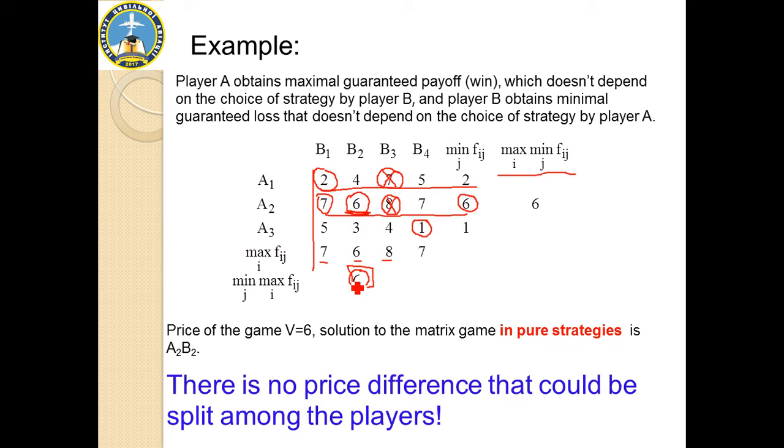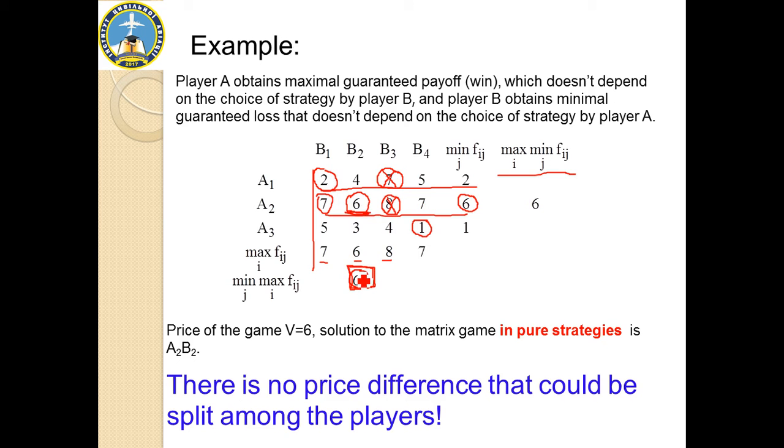At the same time, this payoff of 6 corresponds to both the maximin strategy and the minimax strategy. So this means that this particular point is the saddle point. So the price of the game is 6.